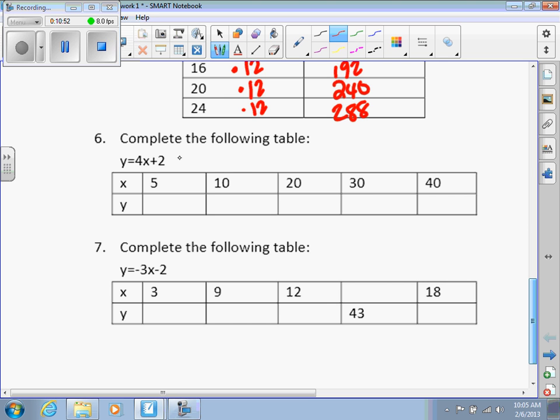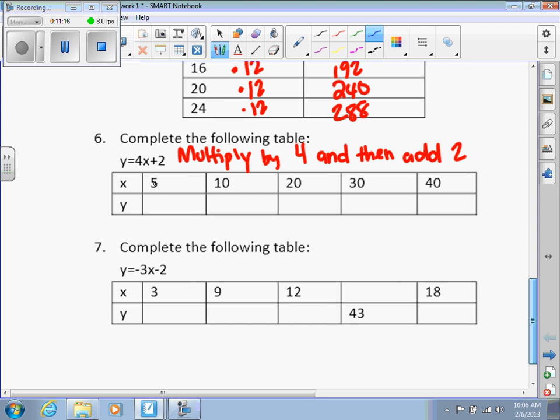Okay, write that down. Everybody write it. It wants you to multiply by 4. And then what? And then add 2. Multiply by 4 and then add 2. Okay.